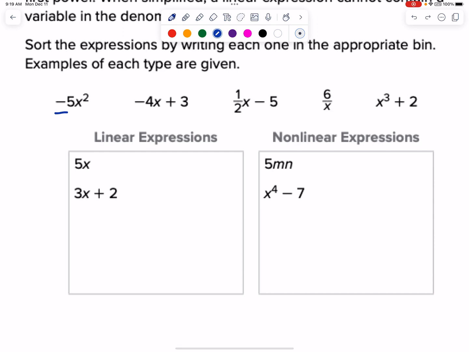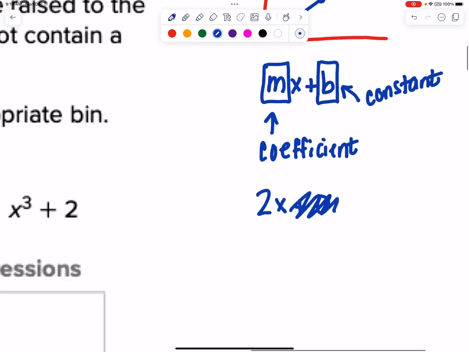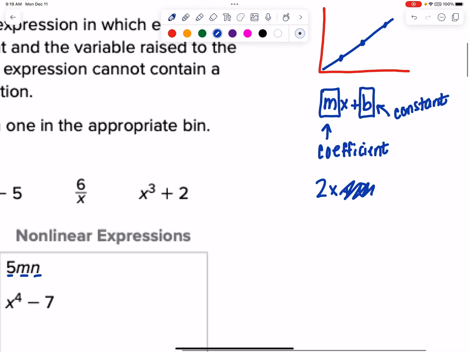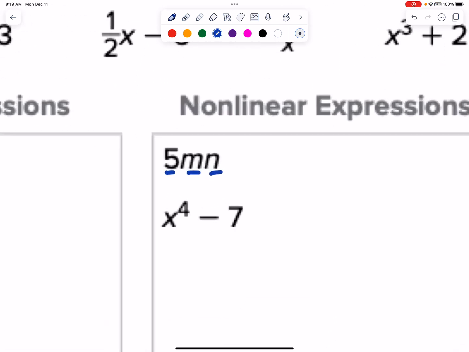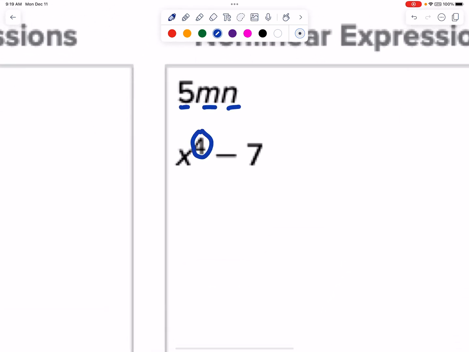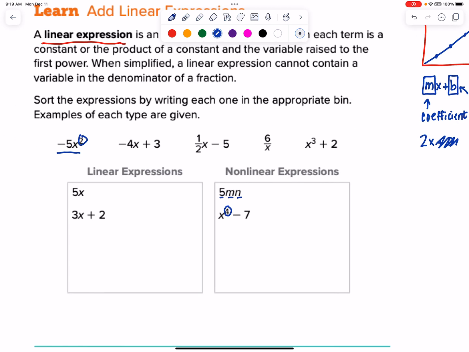If we look at this one, that doesn't fit because it has a square, so this is non-linear. Just like 5 times mn, that didn't fit the template of mx plus b, or a number times x plus another number. You can see we have a number to the fourth, so that's dead.